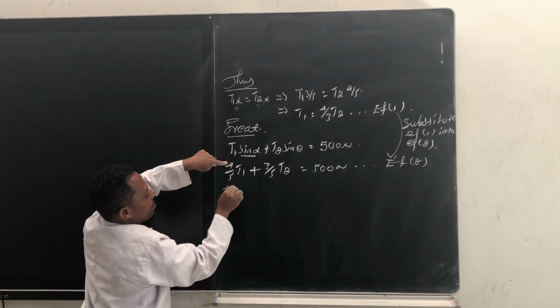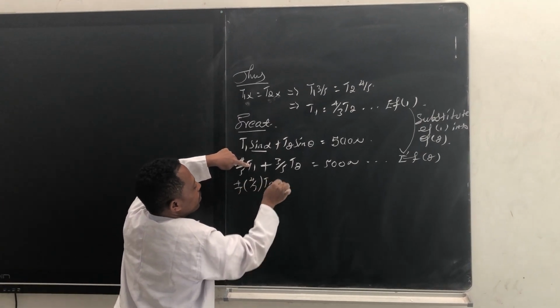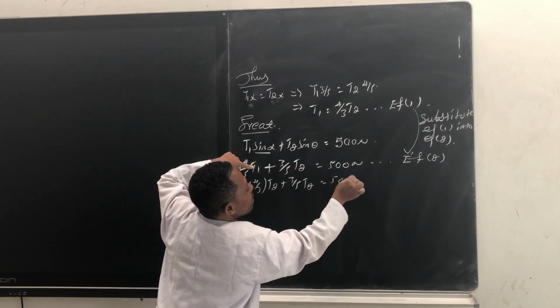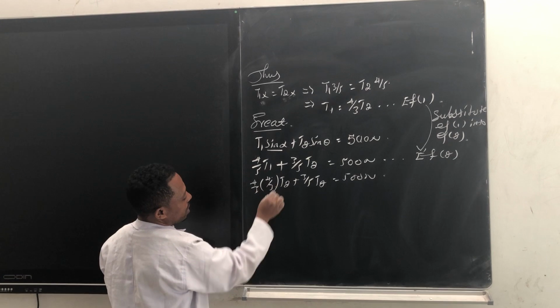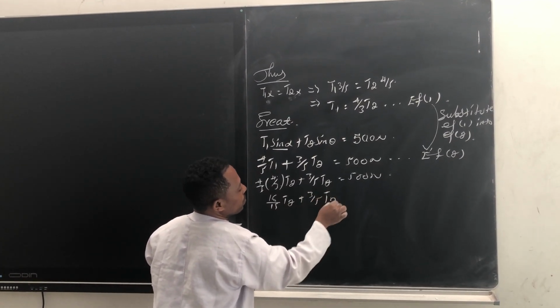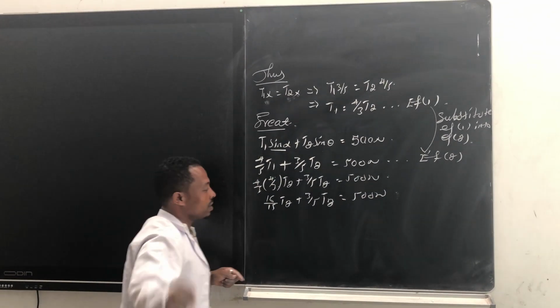Now 4 over 5 times 4 over 3 T2 plus 3 over 5 T2 is equal to 500 Newton. 4 times 4 is 16, 3 times 5 is 15, so 16 over 15 T2 plus 3 over 5 T2 is equal to 500 Newton. Are you with me? Great.